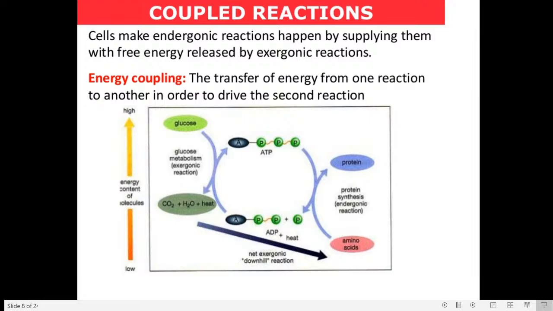The ATP is utilized to drive protein synthesis. The glucose metabolism pathway is exergonic, and the protein synthesis pathway is endergonic.